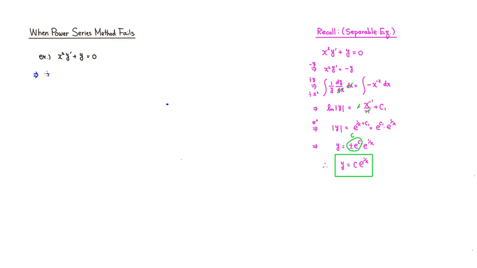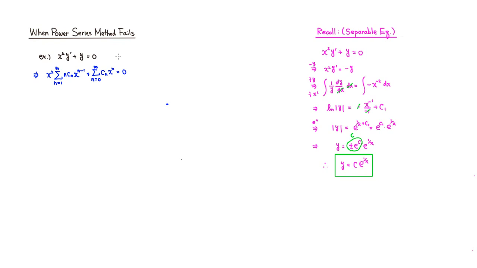We have x squared times y prime, which is the summation from n equals 1 to infinity of n Cn x to the n minus 1, plus the summation from n equals 0 to infinity of Cn x to the n, equal to 0.